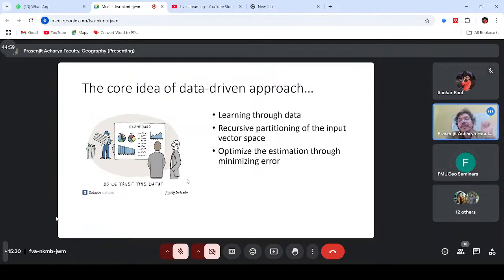The whole idea of the data-driven approach is quite simple. In fact, it doesn't require all those statistical assumptions that linear regression has. It is based on the simple principle that whatever the data tries to tell, the model picks up that story.